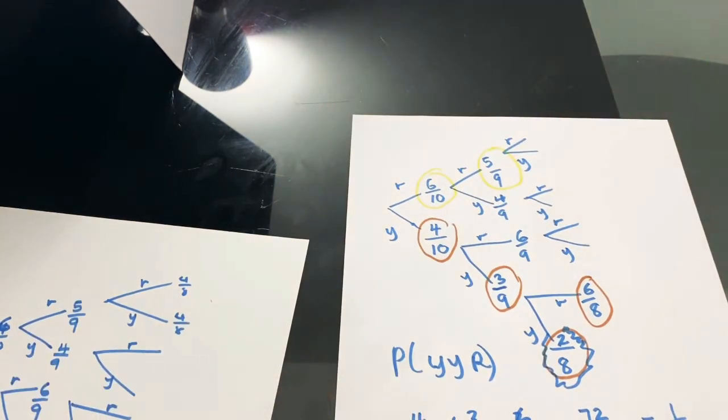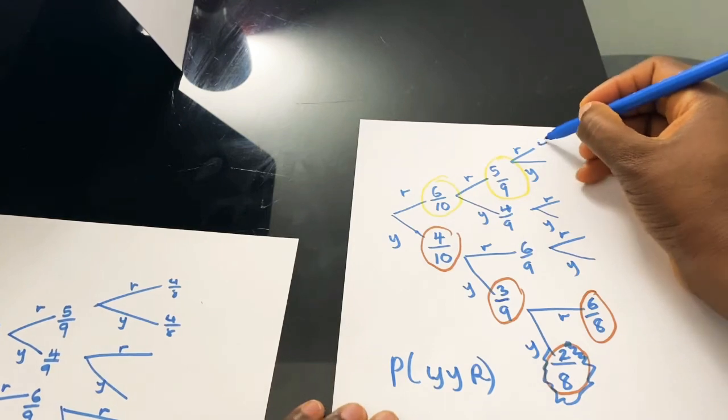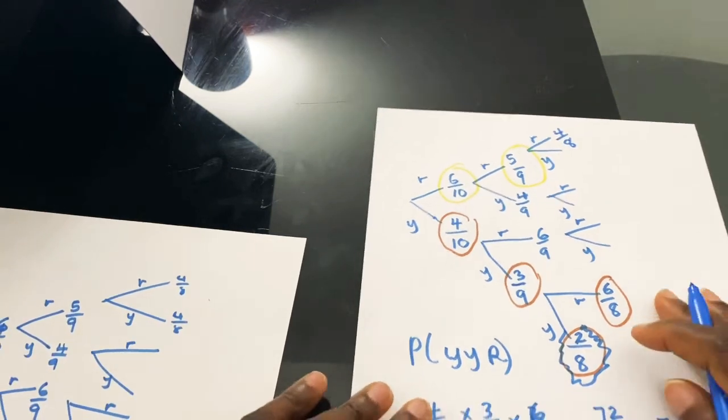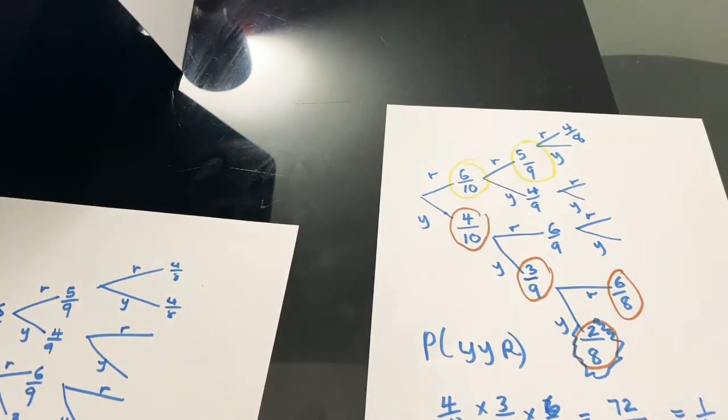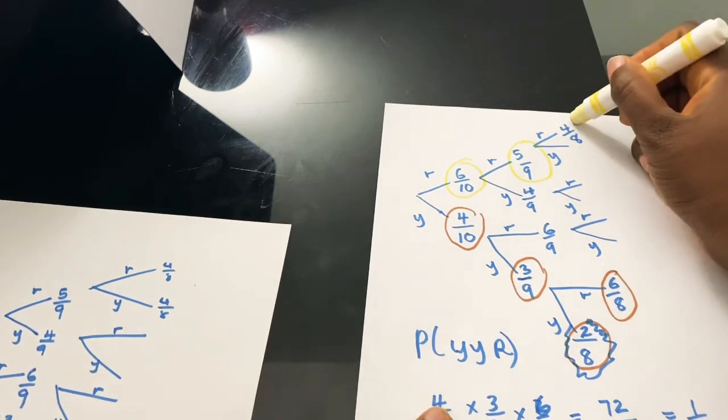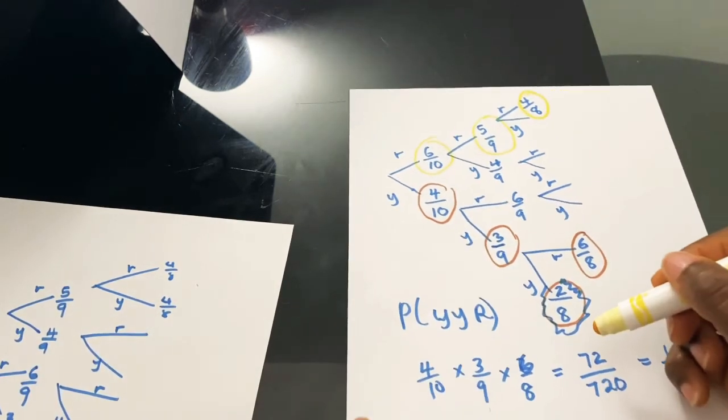Yeah, and do 1 minus all of that, because that's the total probability there. I think this would be 4 out of 8. So we'll calculate all of this, and it will be 1 minus all of that.